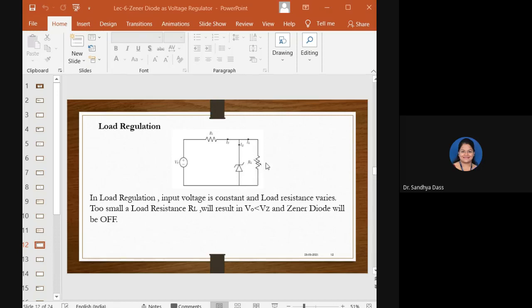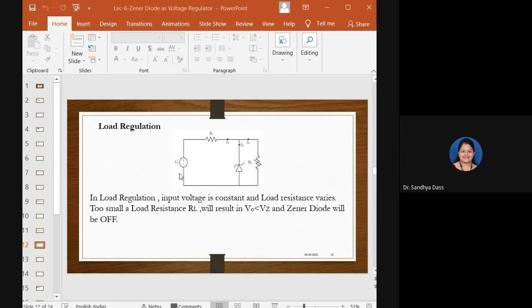So the RL value should not be very low. It should be above the minimum value at which the Zener diode will be turned on.